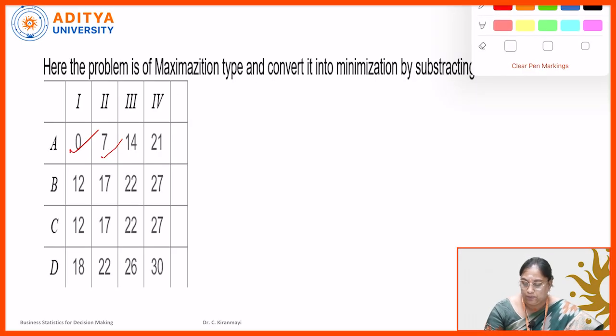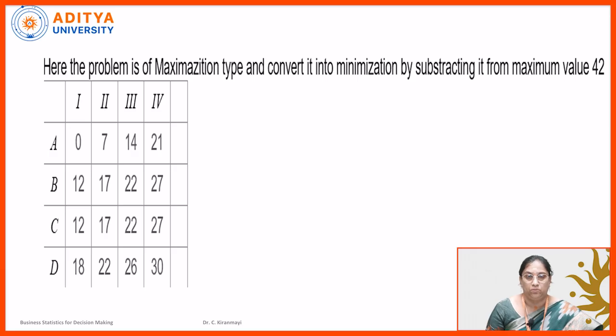After converting the problem into minimization model in this way, the procedure is the same as we discussed in the previous lecture: perform row minimum, identify the minimum element in the row and subtract it from all other elements, and do the same for columns also.